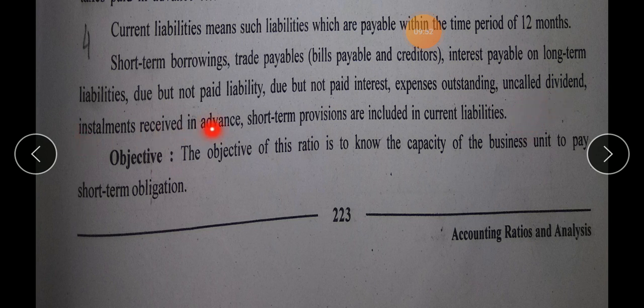Installments received in advance. Anything received in advance is a liability. Anything paid in advance is current assets. Anything received in advance is a liability. Short-term provisions. So these things are included in current liabilities.